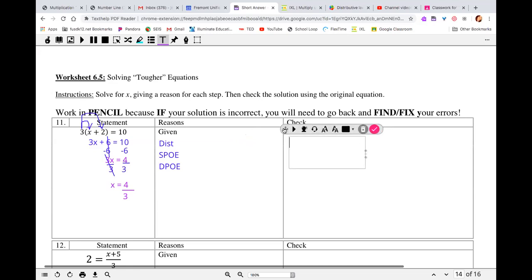So now I have to rewrite my equation. I have 3 times 4/3 plus 2 equals 10. Okay, and then put my 3 under here, my fraction line.